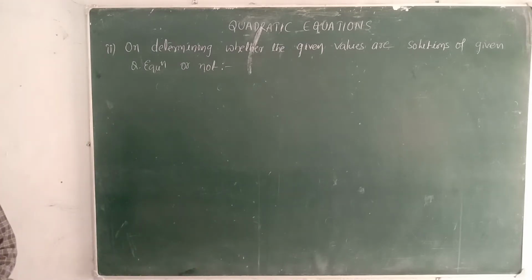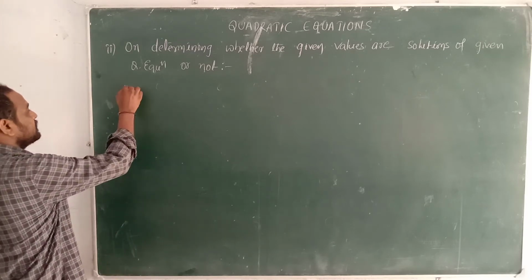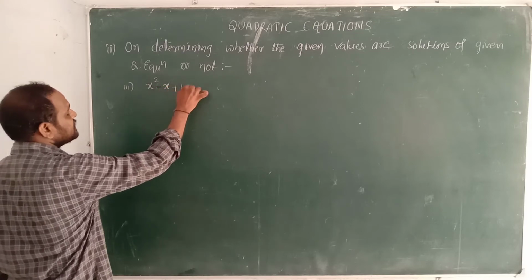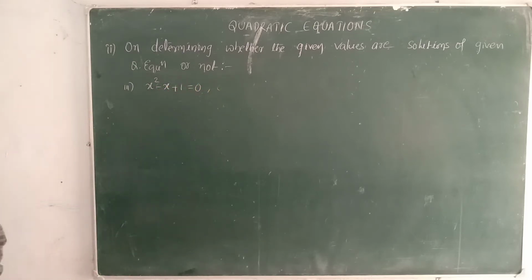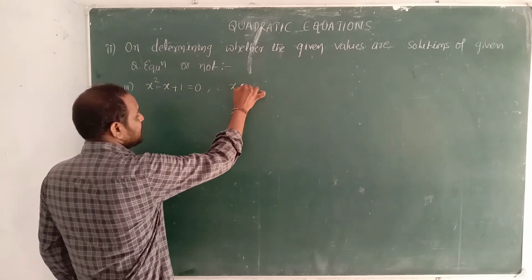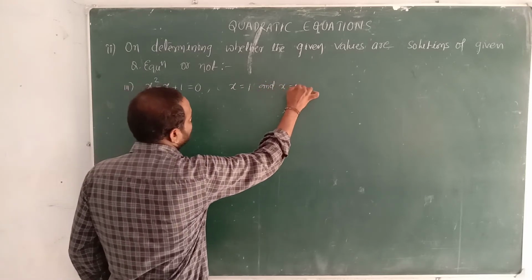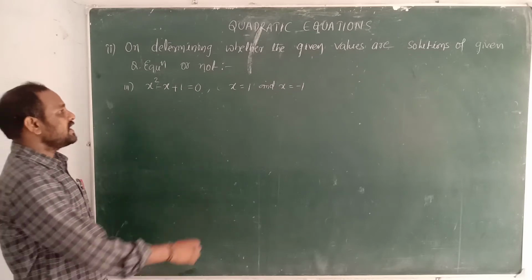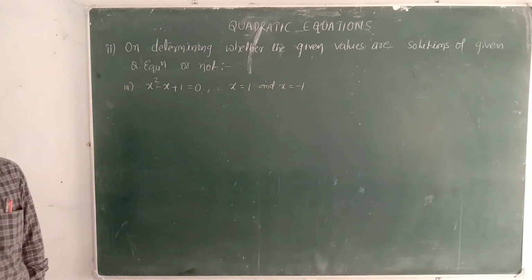So what is next one? Third one. X square minus x plus 1 is equal to 0, which is the given quadratic equation. We have to check whether x is equal to 1 and x is equal to minus 1 are solutions of the given quadratic equation or not.